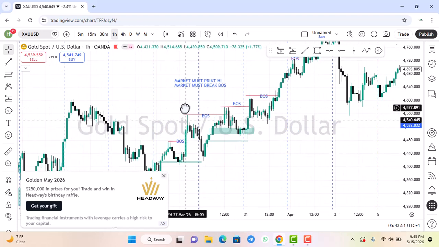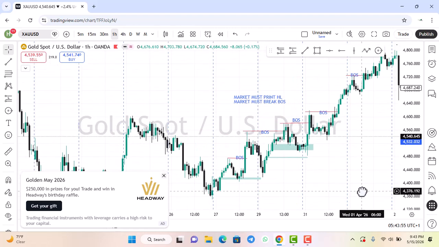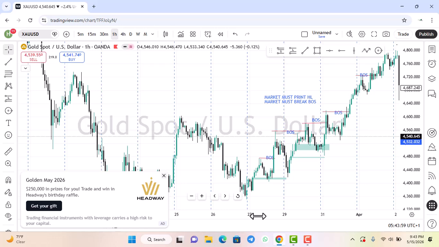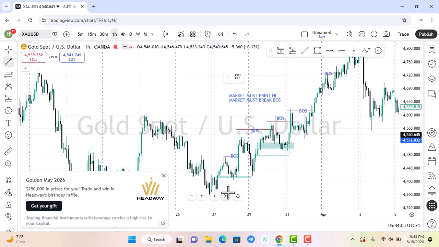So now let's say you want to use trend line to identify your valid market structure. Now I take my trend line. The first thing I'm going to do is to draw from the first higher low, which is this point here.